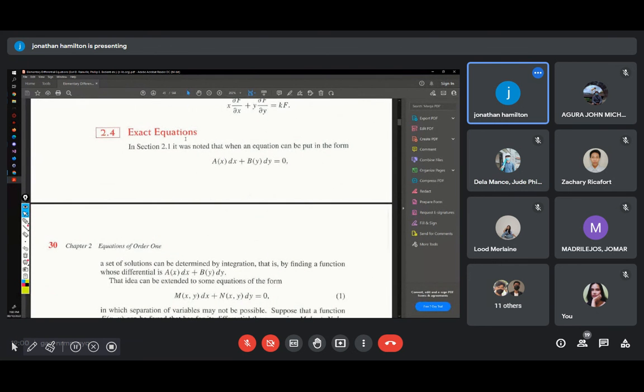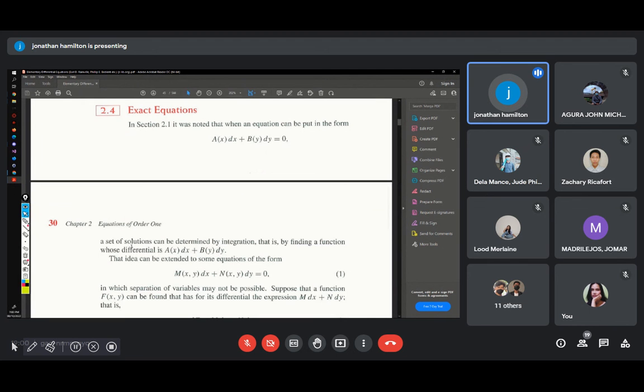So exact equations. In the previous section, it was noted that when an equation can be put into this form, ax dx plus by dy is equal to 0, there is a set of solutions that can be determined by integration.